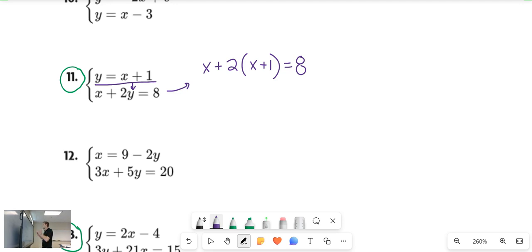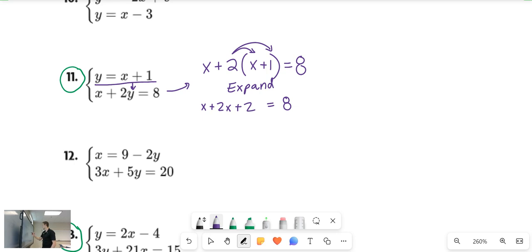Right, there we go. Now let's expand a little bit. We're going to expand by doing this multiplication across. So we have x plus 2x plus 2 equals 8. And then we're going to simplify a little bit.